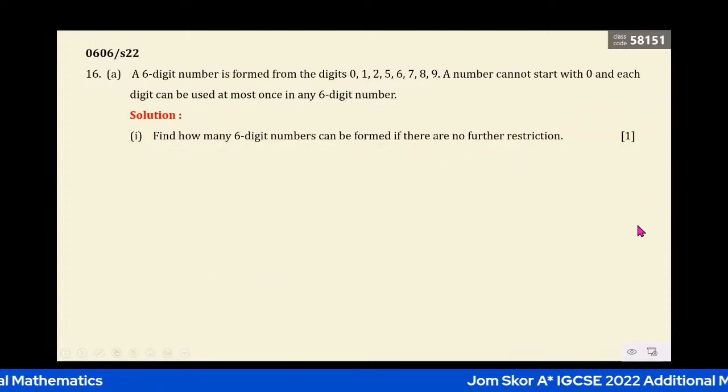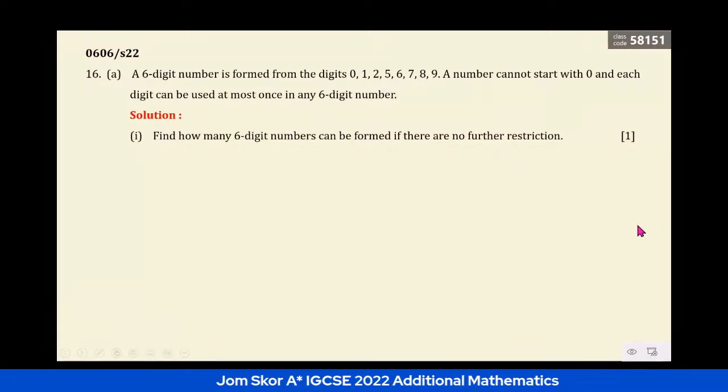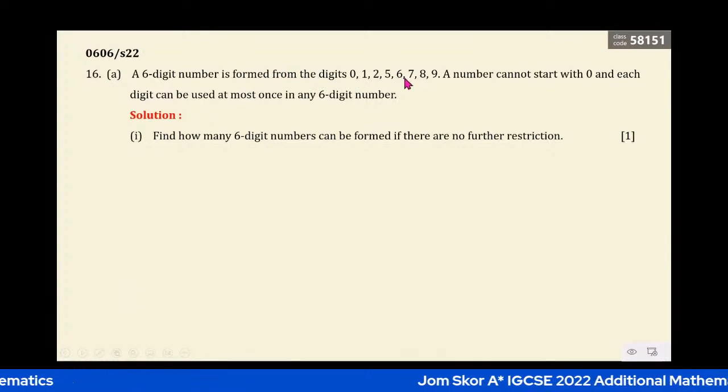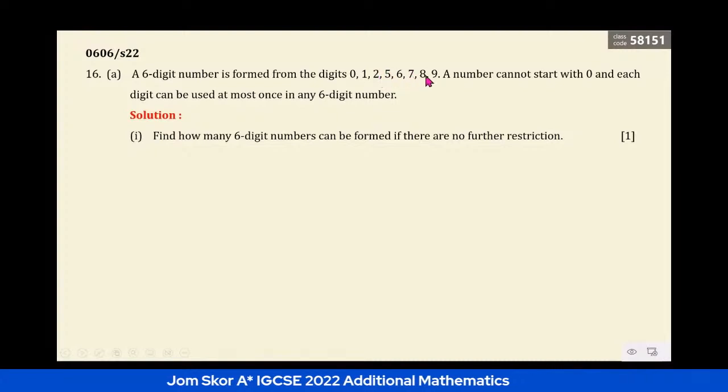Alright, now we go to number 16. Okay, number 16. Okay, ini soalan. Okay, bila dia nak susun sekarang ni, a 6-digit number is formed from the digits 0, 1, 2, 3, 0, 1, 2, 5, 6, 7, 8, and 9.